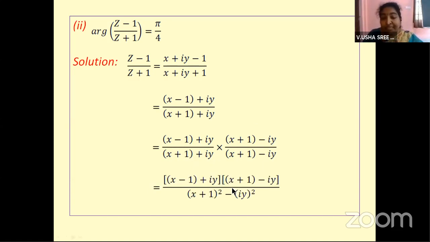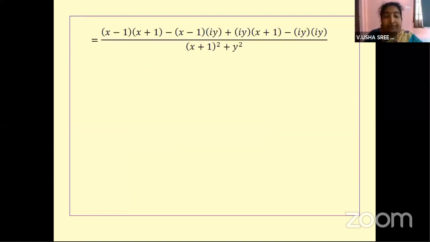(x minus 1 plus iy) into (x plus 1 minus iy) by (x plus 1) whole square minus (iy) whole square. Then when you expand it, you will have (x minus 1) into (x plus 1) minus (x minus 1) into iy plus iy into (x plus 1) minus iy into iy, divided by (x plus 1) whole square plus y square.